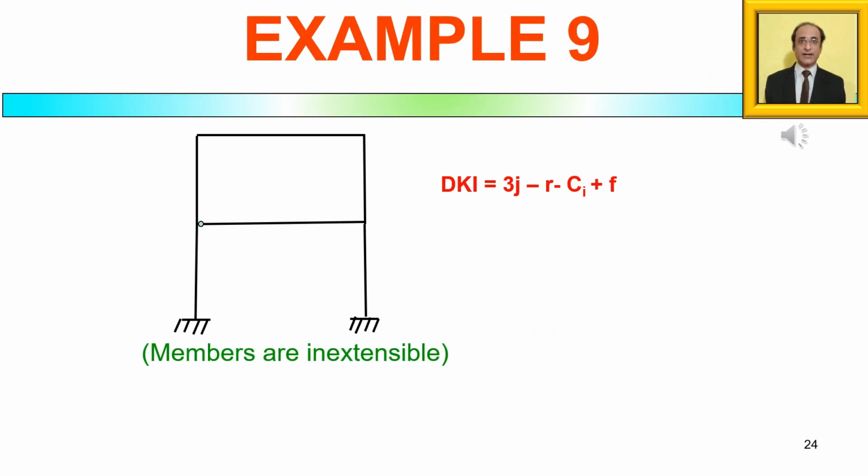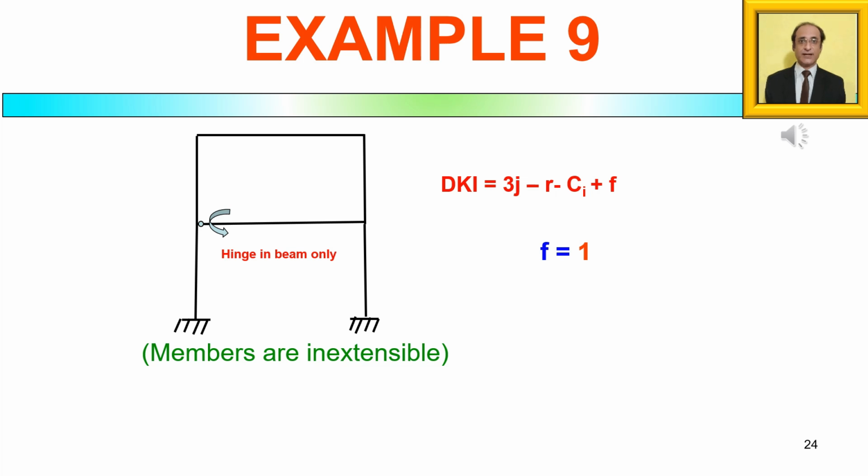Now consider the same frame as in the previous example, but here the hinge is different. Now if you look closely, the hinge is in the beam only, whereas the column is continuous. So in this particular case, f will not be equal to 2, but f will be equal to 1. That is, there is only 1 additional rotation on account of the releases, and that is an additional rotation in the beam.